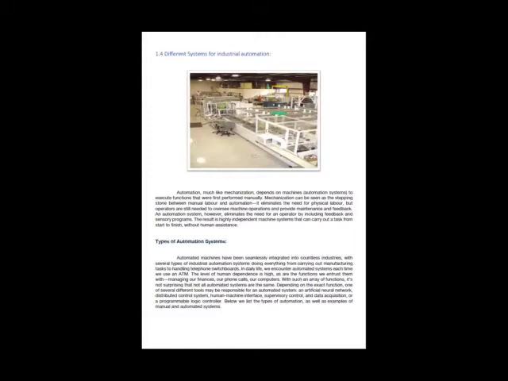Therefore, by considering this view, we are going to differentiate different types of automation systems, which can be classified according to their design. Actually, in our day to day life, we come across a lot of automated systems, and it's not mandatory that all automated systems work on the same principle.